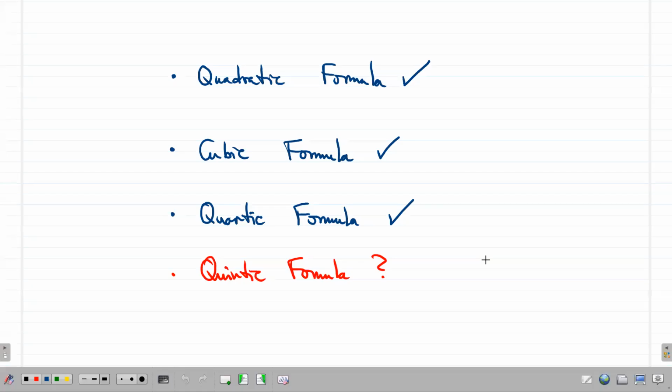So going back to our checklist, here's a little bit of negative news from our friend Évariste Galois. Unfortunately, it can't be done. There is no general quintic formula. Similarly, there's no sextic formula. You can't solve a general degree 6 equation.